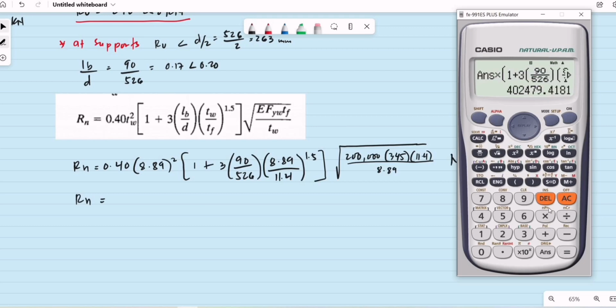Again, this is in newtons, so divide by 1,000 for the value to be in kilonewtons.